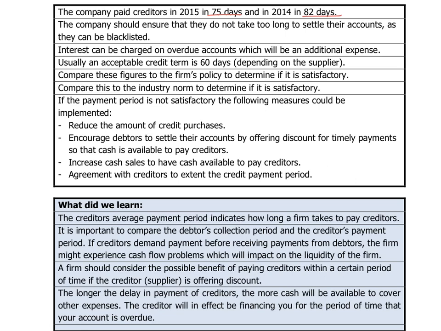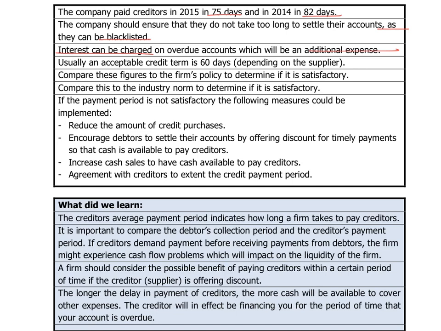The company should ensure that they don't take too long to settle their accounts, as they can be blacklisted. So it's very important to determine what your credit terms are so that you comply with those terms. Interest can be charged on overdue accounts, so it means the creditors can charge us interest that will cause additional expenses and decrease the profit.